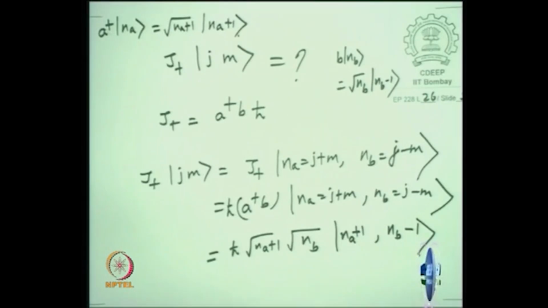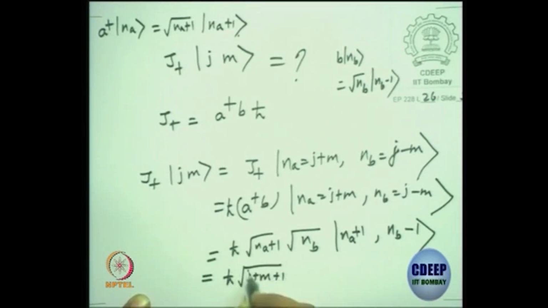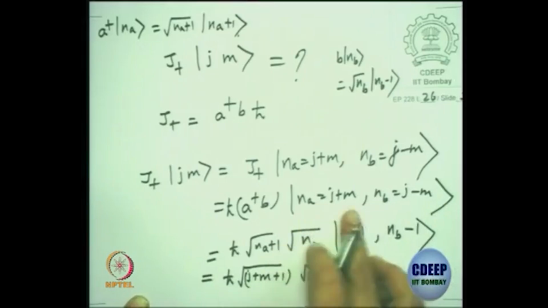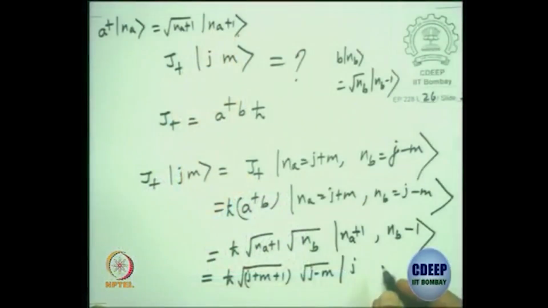J3 is increased by 1. Okay. So we can rewrite this as ħ. Instead of Na, I will put it as J plus M plus 1. Instead of Nb, I will put it as J minus M. Is that correct? Nb is J minus M, Na is J plus M. And what will I write here? I can write this as J. J doesn't change. M changes to M plus 1.